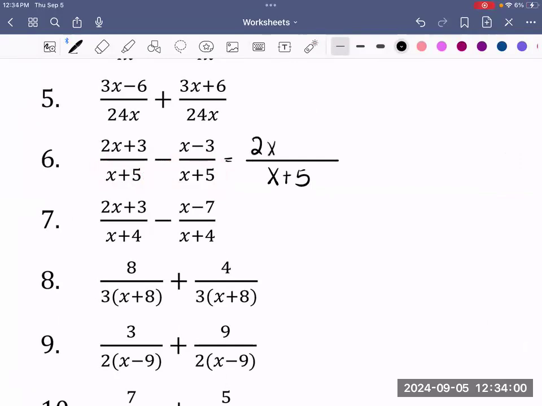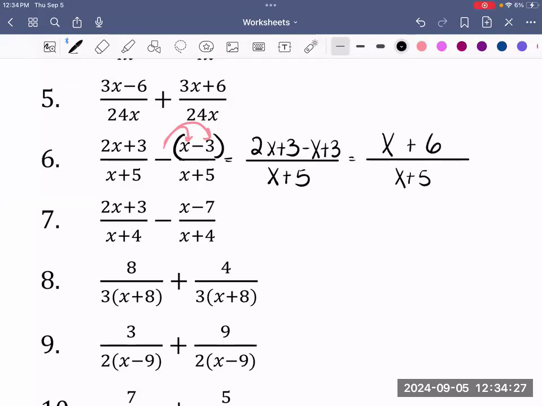So we have 2x plus 3, and this whole binomial is being subtracted. So put a parentheses around it and then distribute to get your real numerator. Notice that switches your signs. x plus 5, 2x minus x is x, 3 plus 3 is 6.